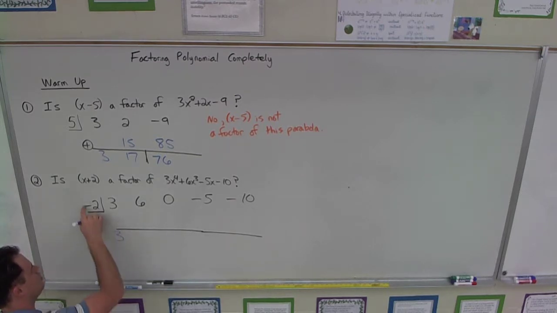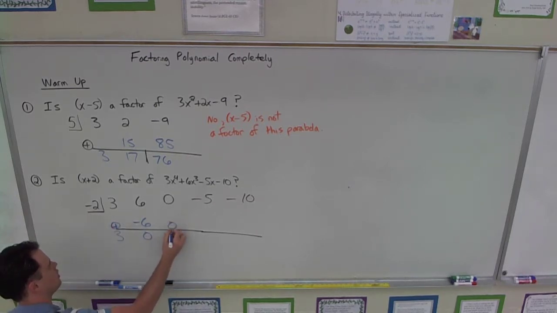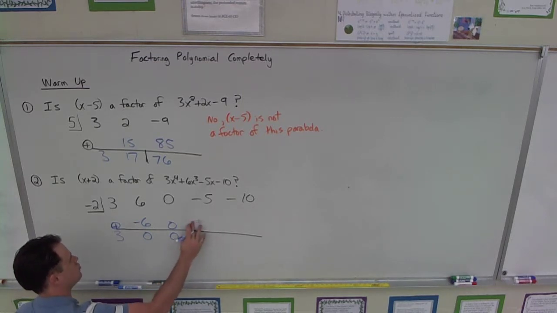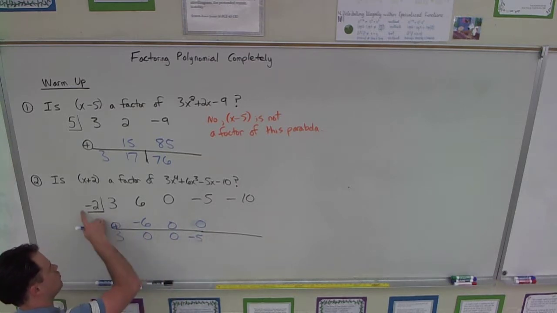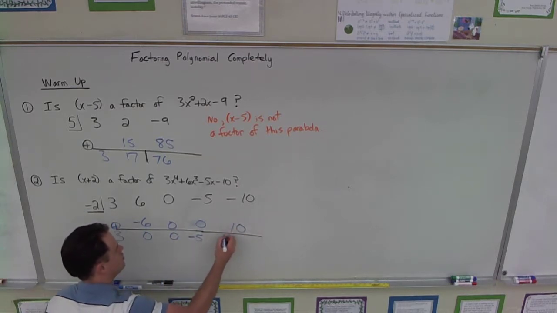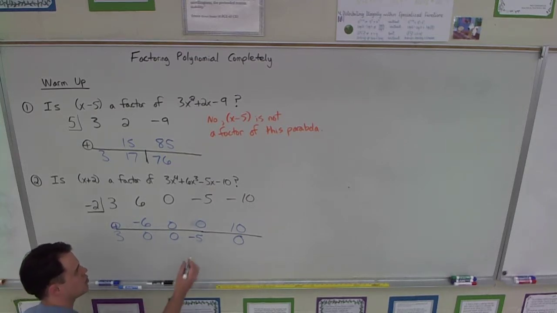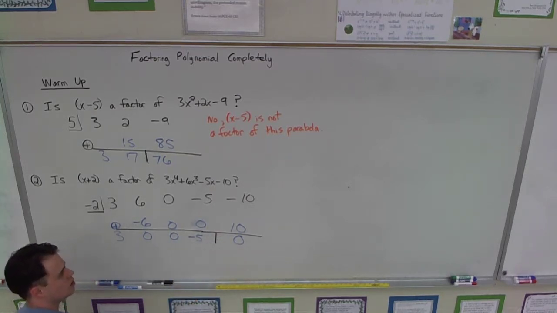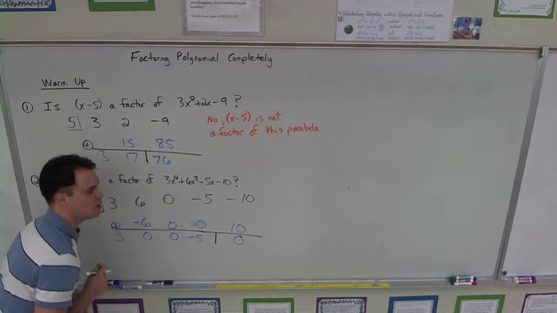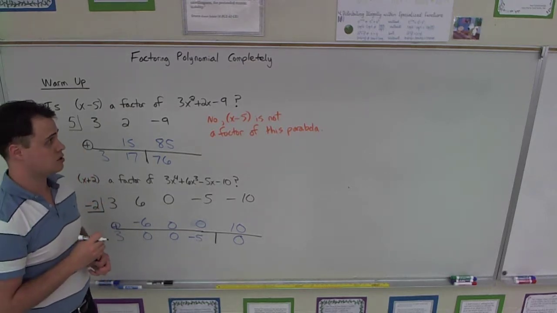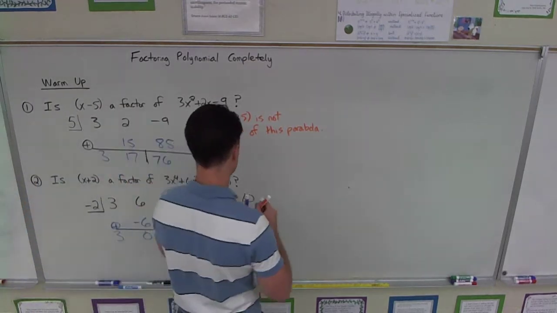So I'll bring down the 3, multiply, and add. Multiply, and add. Multiply, multiply that, you get 0, and add. Multiply, and add. So our last number is the remainder. Since this remainder was nothing, I think that this guy is indeed a factor, so let's write out our answer correctly.